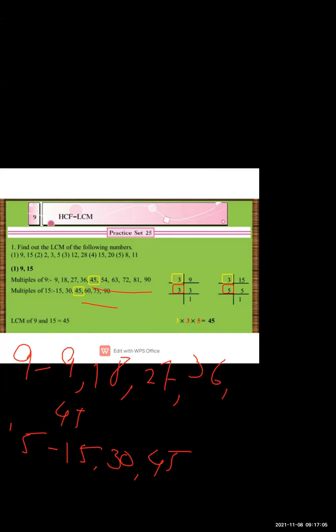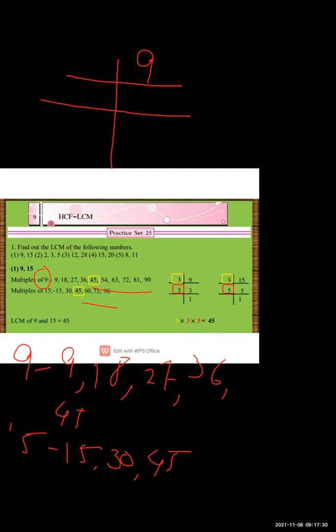The other method: you have to divide it with a vertical and a horizontal line. Here it is given 9, so you write 9 on the right side. Now we have to use the tables, as I have explained.